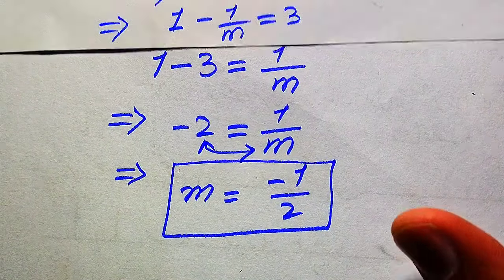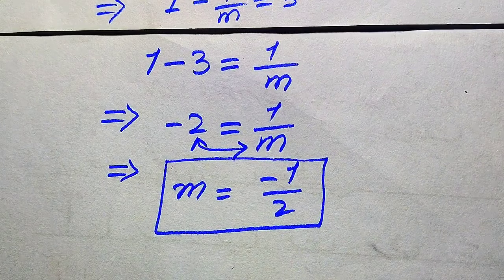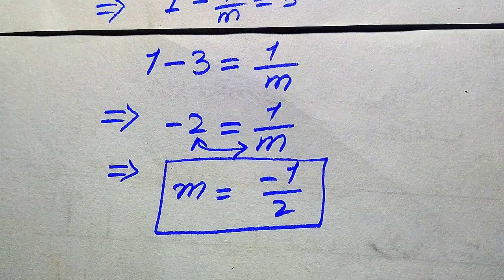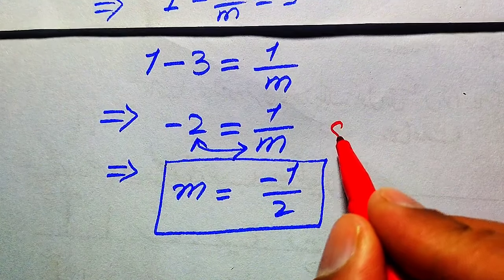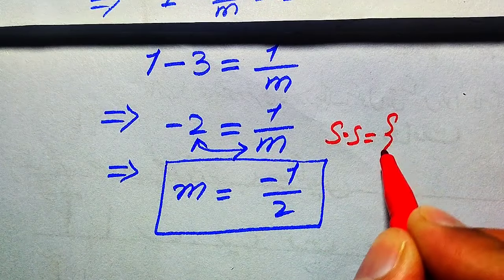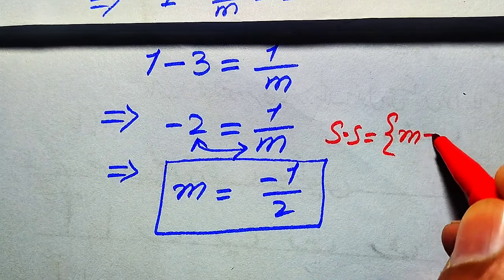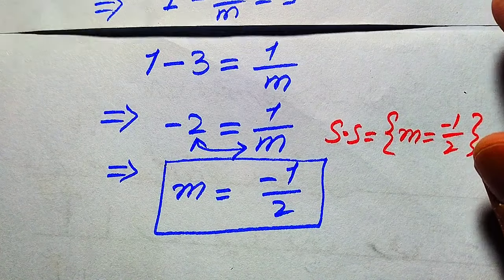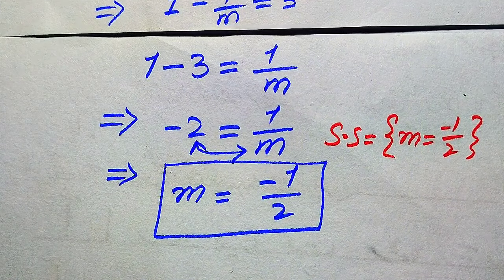But in the first method, you see that we already verified that this value of m satisfies our given question statement. So it means that the solution set of this question is m equals minus 1 over 2. So this is the only one solution of the given equation, and this is the final answer.